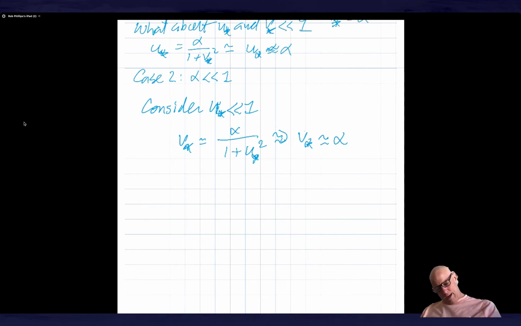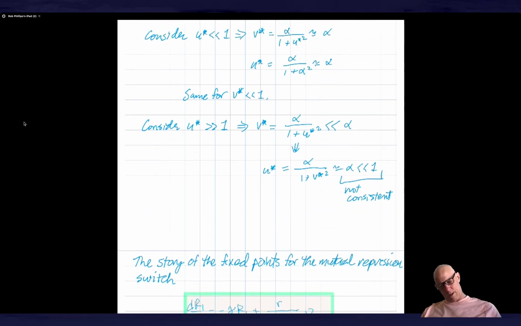And now I can solve for u star, which is equal to alpha over 1 plus v star squared, which gives me u star approximately equal to alpha as well.